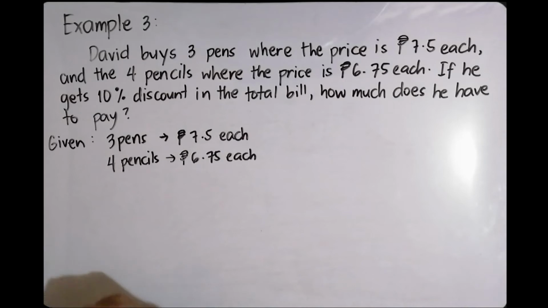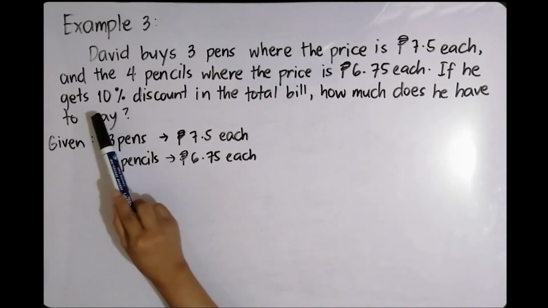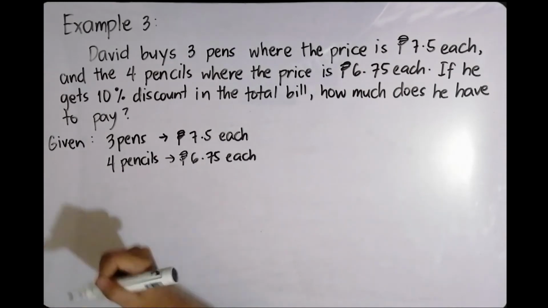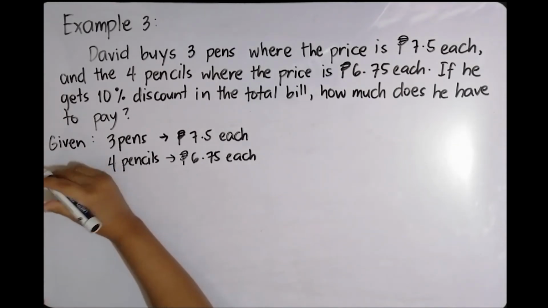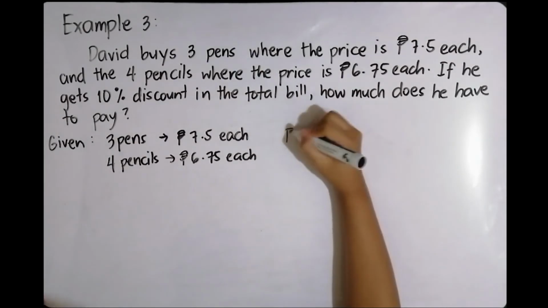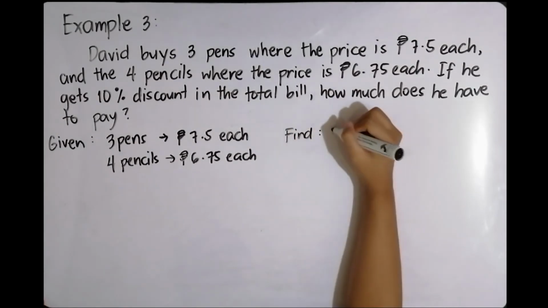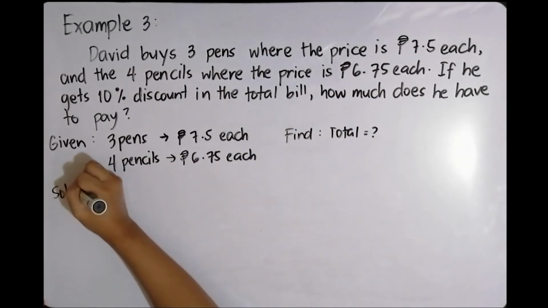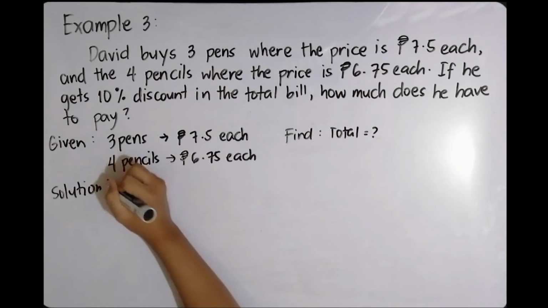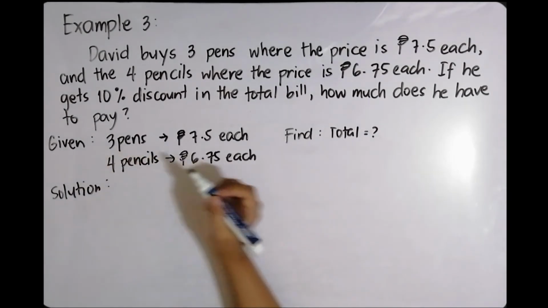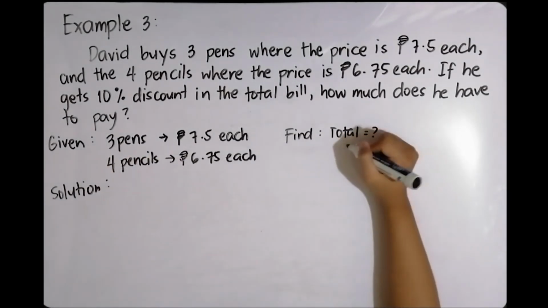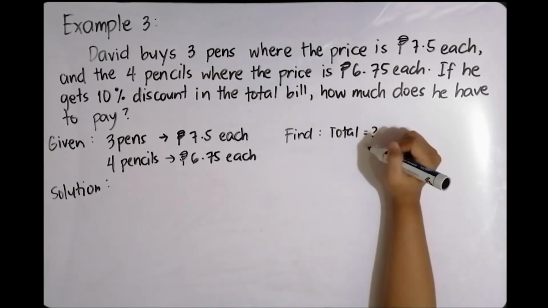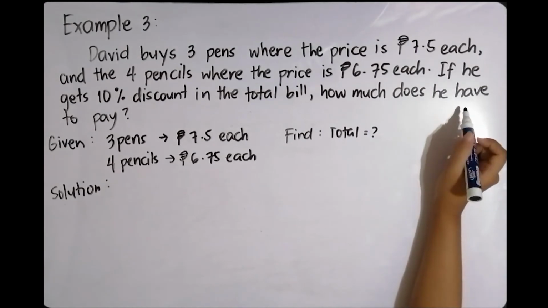It says here that he will get a 10% discount on the total bill. So how much does he have to pay? So we are looking for the total. So let's have here our solution. First, we need to find the total bill. So we're looking for the amount that David has to pay.